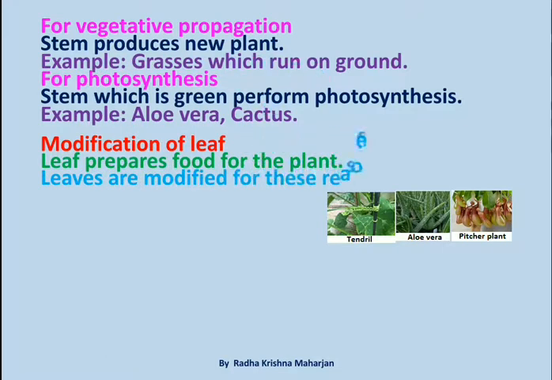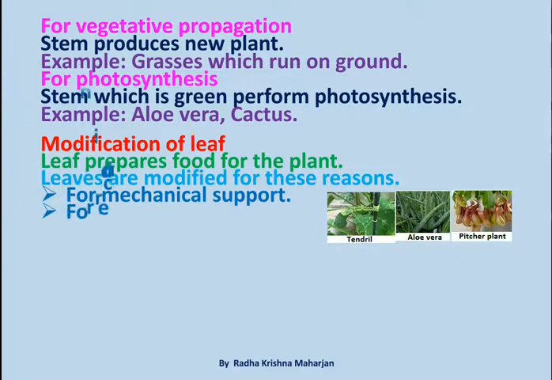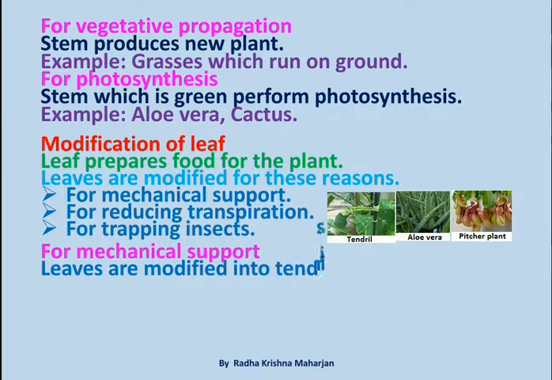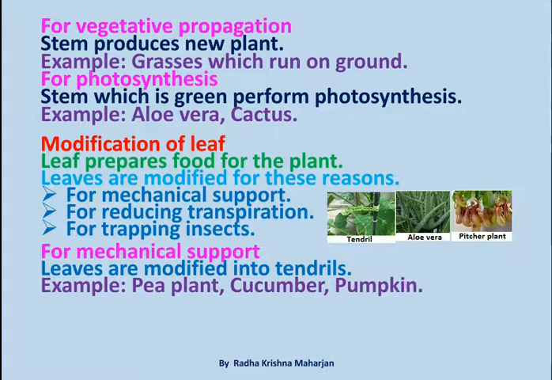Leaves are modified for these reasons: for mechanical support, for reducing transpiration, for trapping insects. For mechanical support: leaves are modified into tendrils. Example: pea plant, cucumber, pumpkin.